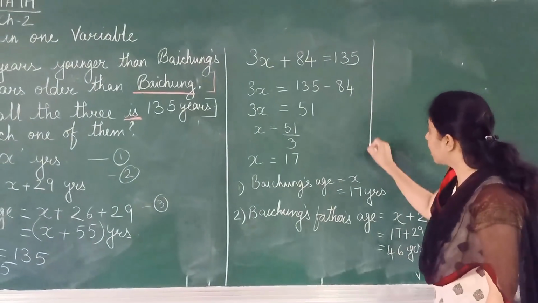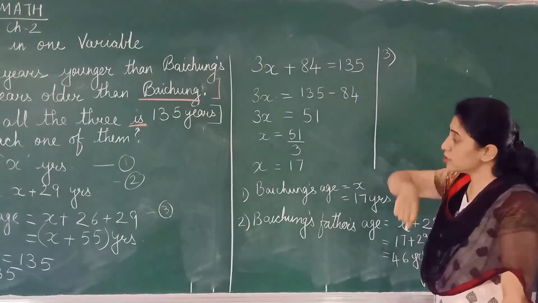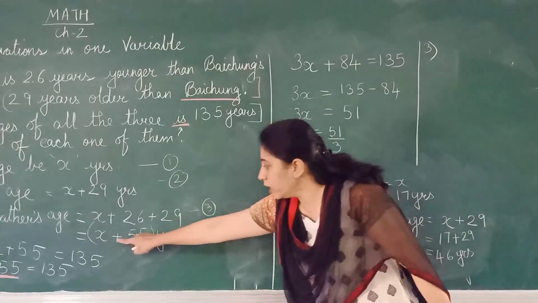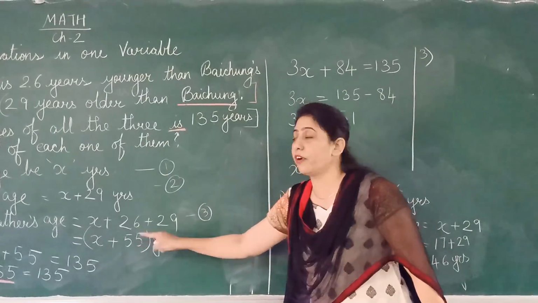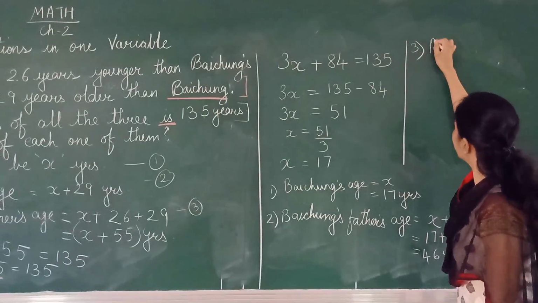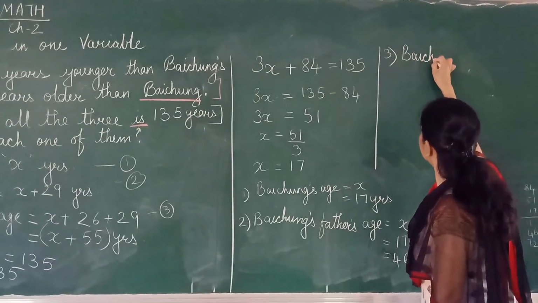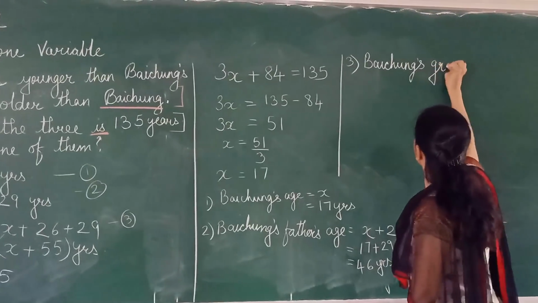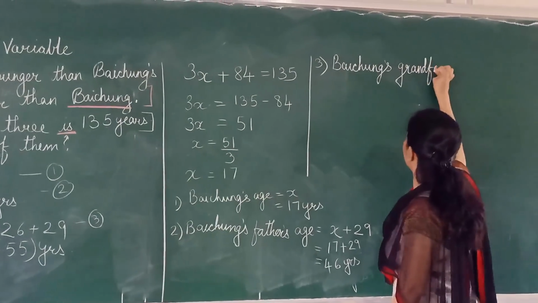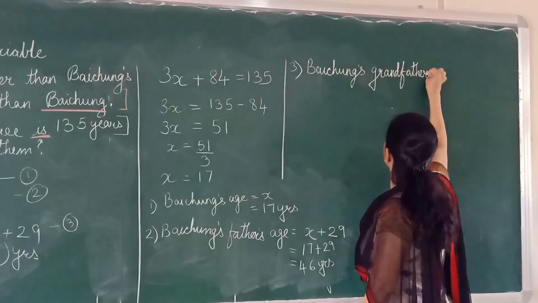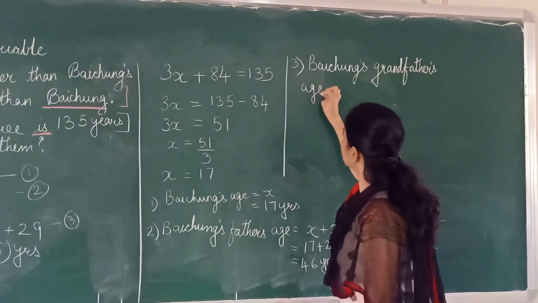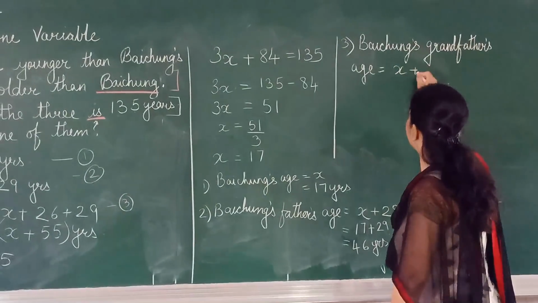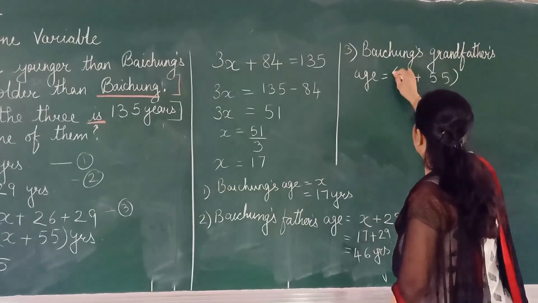So what will be now Baijan's grandfather's age? Can you see here, Baijan's grandfather's age is what? x plus 55. So x plus 55, so right here Baijan's grandfather's age. So Baijan's grandfather's age is x plus 55 years.